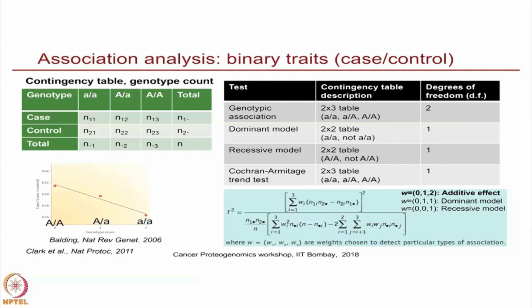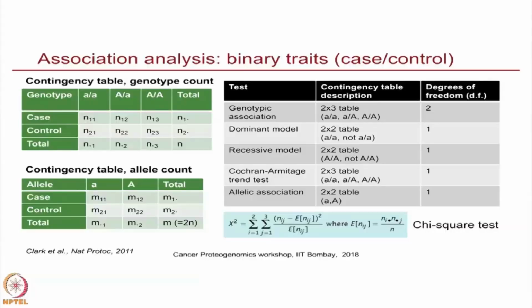The interesting thing about this test is that you can change the weight setting to 0, 1, 1 or 0, 0, 1, and then you will also be able to test the dominant model and the recessive model. Usually, we don't really know which model the SNP or phenotype follows, right? One way you can do is to test all the possible models, and then take the most significant one and use that for your report.